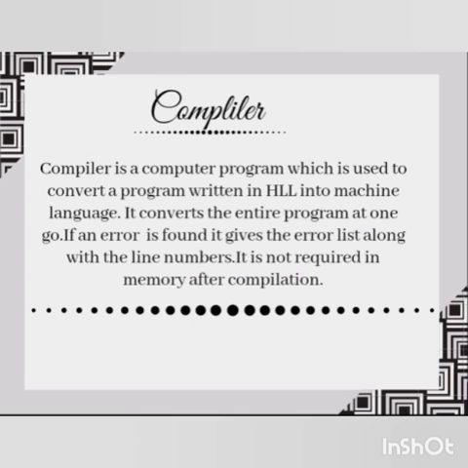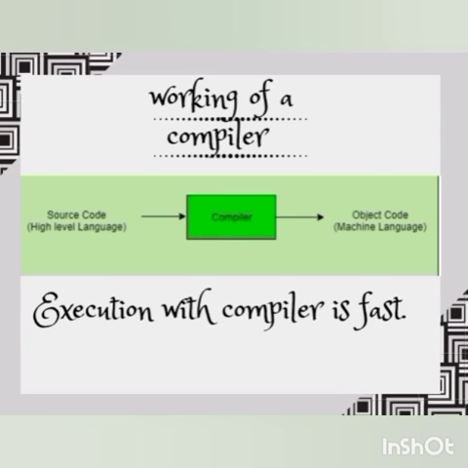It is also not required in memory after the compiling is done, and it is much faster as compared to an interpreter. So a compiler has many advantages over an interpreter.